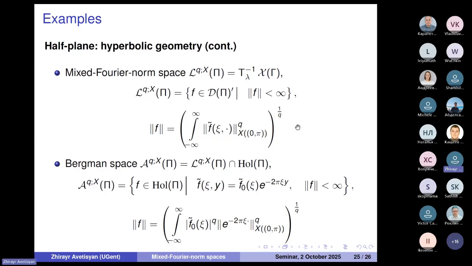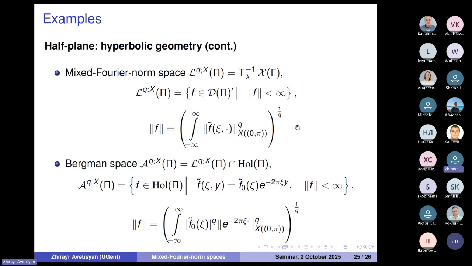There is this obvious y dependence, which is fixed, and this f naught psi, and this f naught psi is such that this norm is finite, and the norm is given explicitly in terms of this f naught.